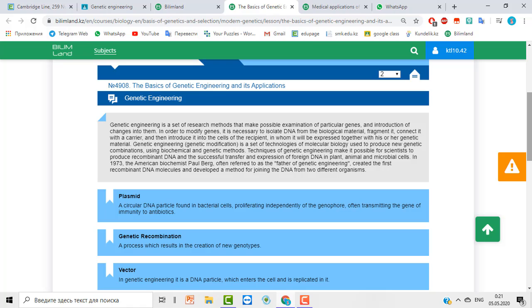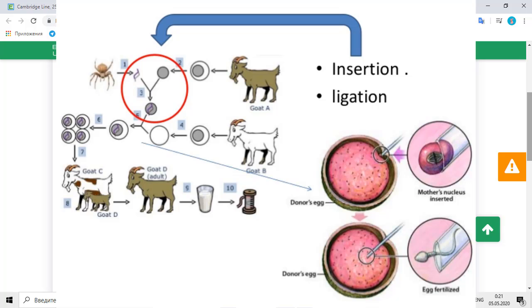So genetic engineering involves transfer of the gene from one organism to another, and it should be expressed, producing the proteins in a new host organism, guys.